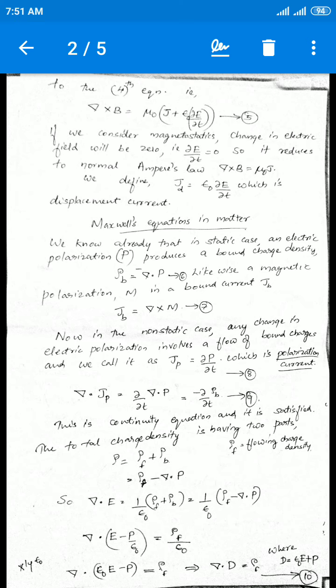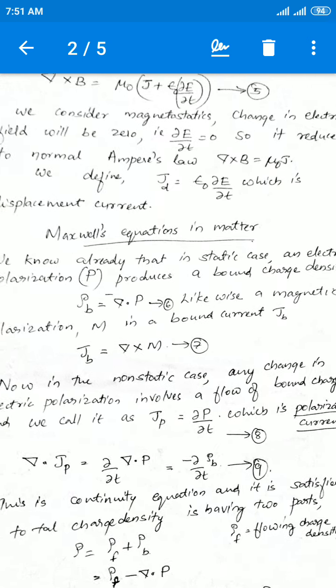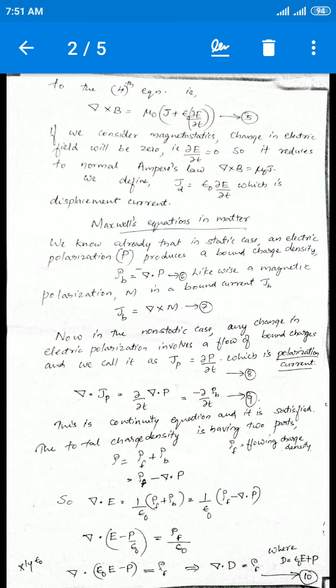Okay, now let us move on to Maxwell's equations in matter. So what happens when we consider matter? We know already that in the static case an electric polarization produces a bound charge density, rho B. In a static system, no charges are moving, but a small vibration can be there.